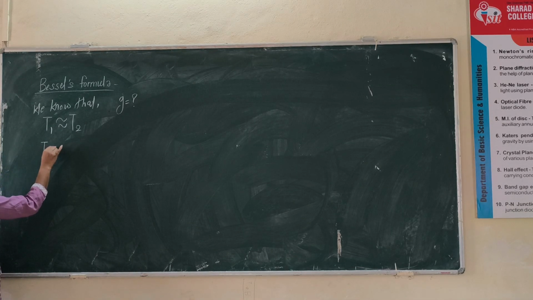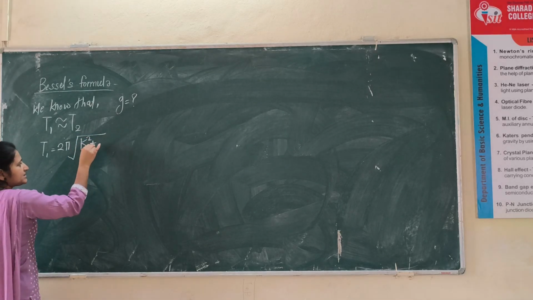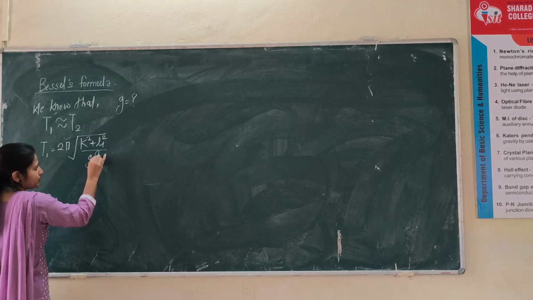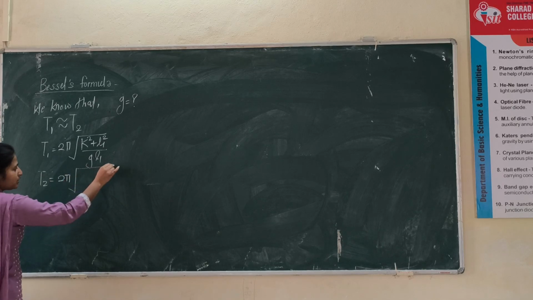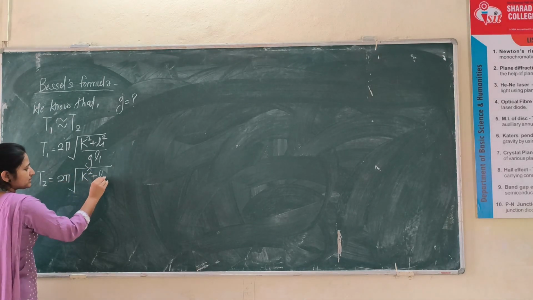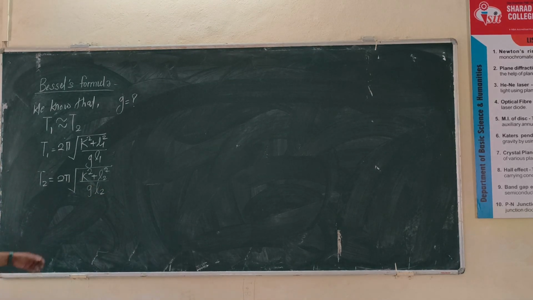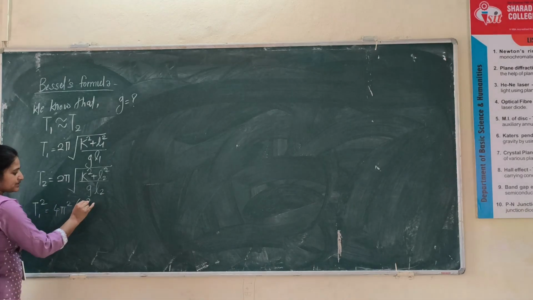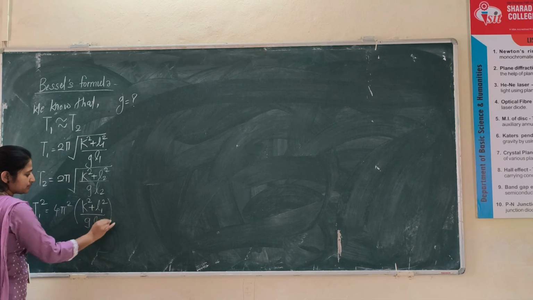So we know that T1 is 2 pi root of (k square plus L1 square) by (g into L1), and T2 is 2 pi root of (k square plus L2 square) by (g into L2). Okay. So squaring these two equations we get T1 square is equal to 4 pi square in bracket (k square plus L1 square) by (g into L1).